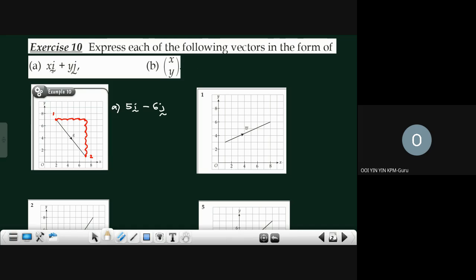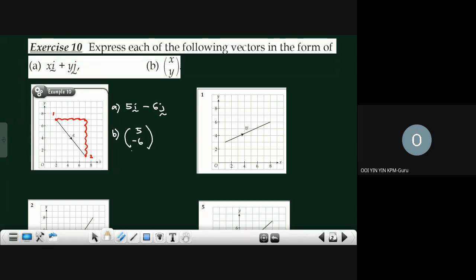And then now they want to express in two forms, you know. One is in I and J, the other one is matrix form. Since we already counted just now, part B here is easy. We just write the bracket and put in your value. Up here must be the horizontal I, positive 5, and then the Y here is your J, negative 6. Close your bracket.